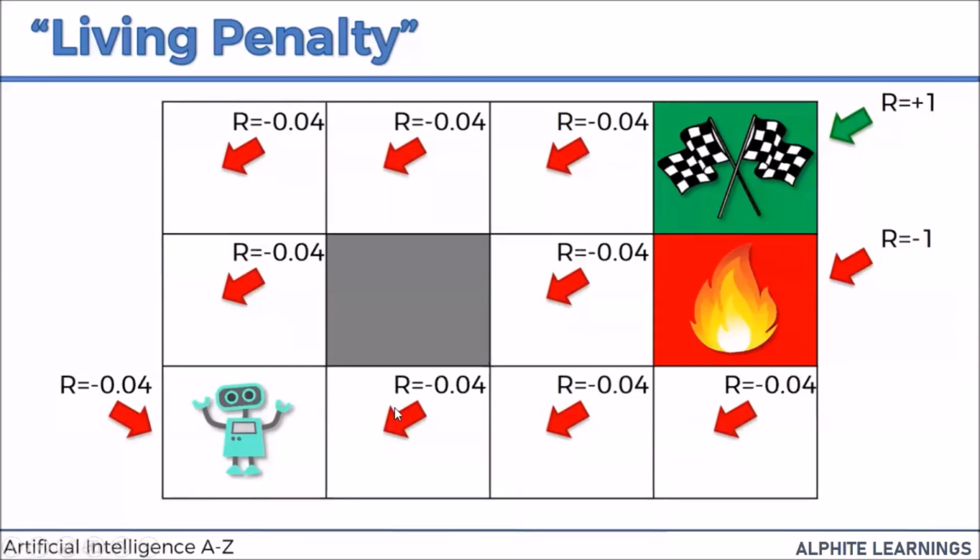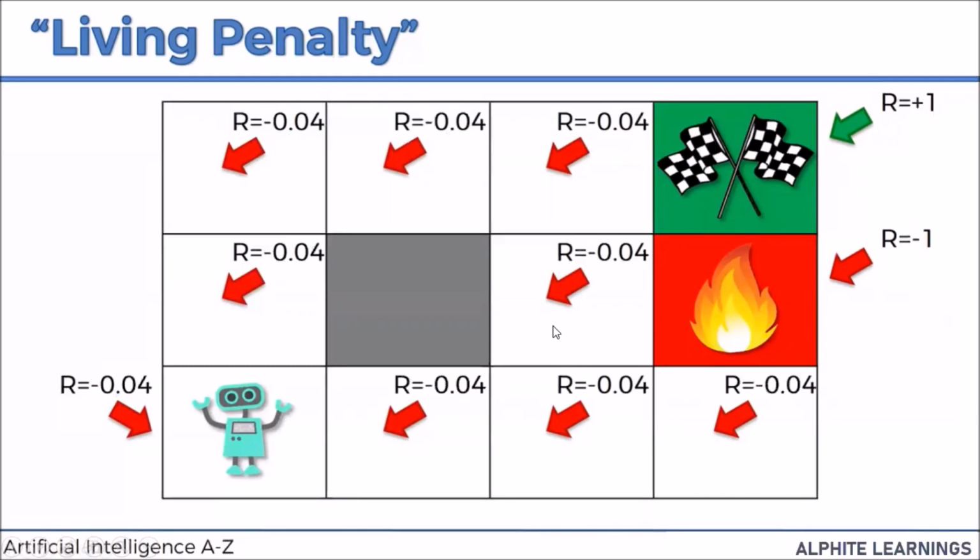Suppose it goes here, it gets -0.04, and if it goes here again, it gets this penalty. If it goes like this, -0.04, -0.04, -0.04, and then it reverts like that, it will go.